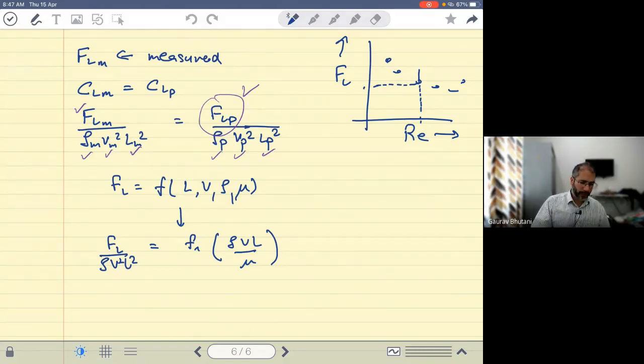So the question is, how do we do that? How do we go from this relationship of 5 variables to a relationship between 2 variables? This is what we're going to learn in this discussion on dimensional analysis.